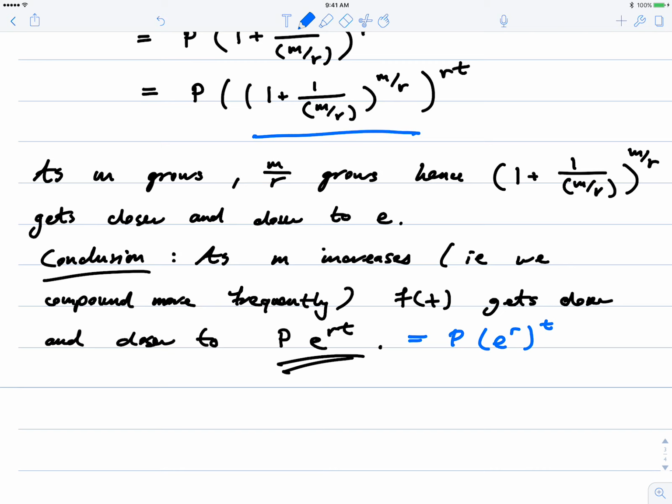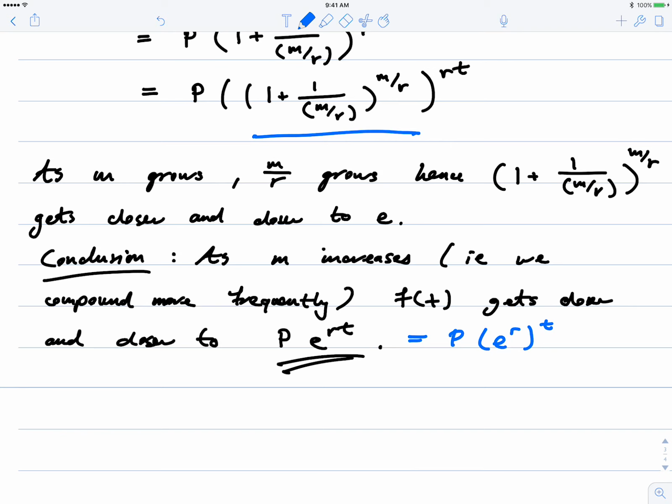So some banks decide that rather than compound in fixed intervals, they're going to take this formula as a way of determining how much money is going to be in the account. And because the formula is derived from compounding at smaller and smaller intervals, it's like you're compounding all the time, essentially.